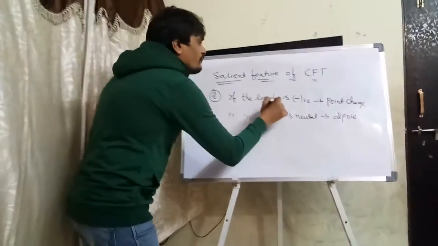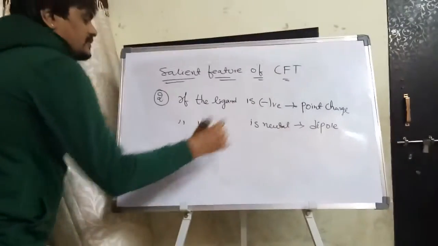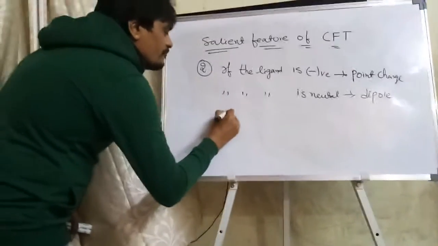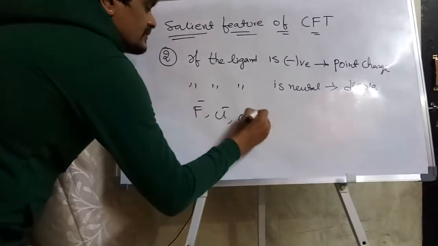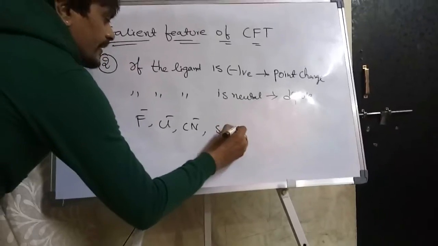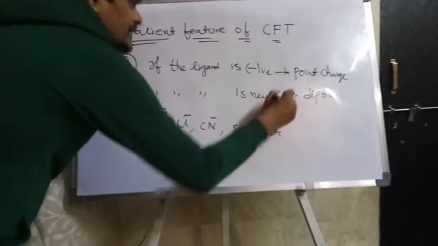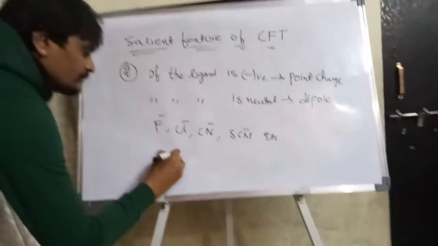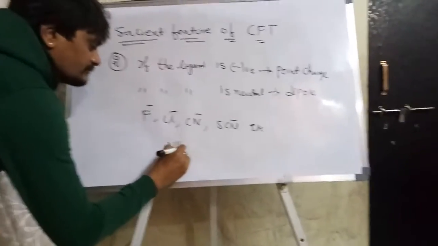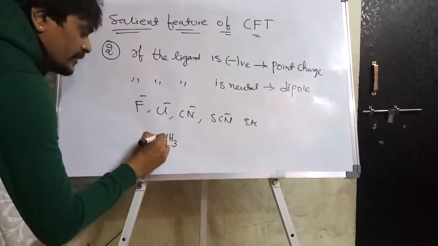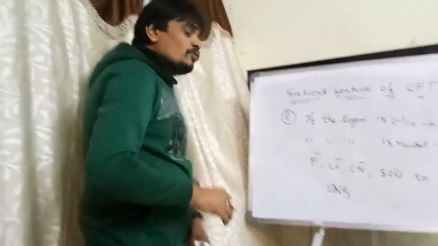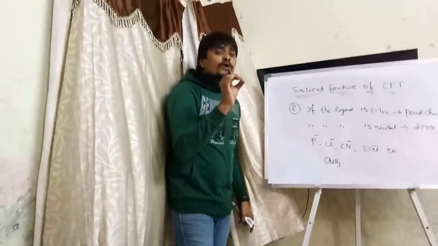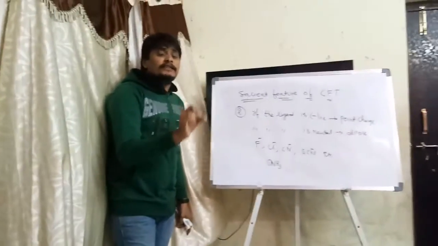Examples of the point charges are F minus, Cl minus, CN minus, thiocyanate, etc. Example of the dipole, neutral, is NH3, ammonia. On the nitrogen of ammonia, one non-bonding pair of electrons is present. Non-bonding pair of electrons means the electrons which are not participating in the bonding.